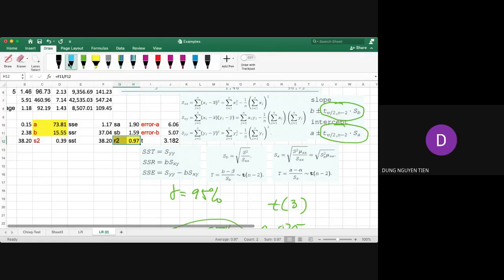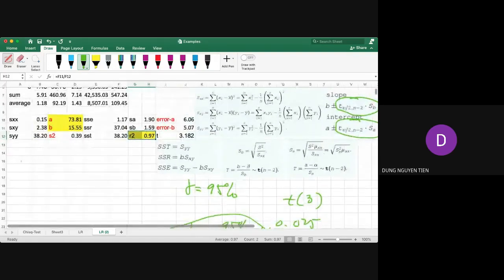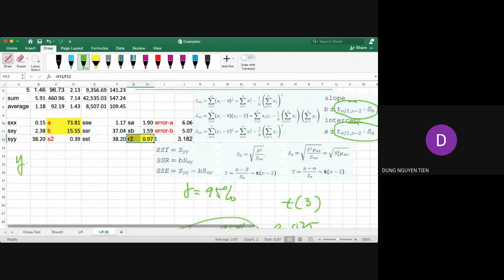Okay. Now from what we calculated here, you can say that y equals a plus bx, so 73.81 plus 15.55 times x. Okay. And for that y and x, that is the linear regression.